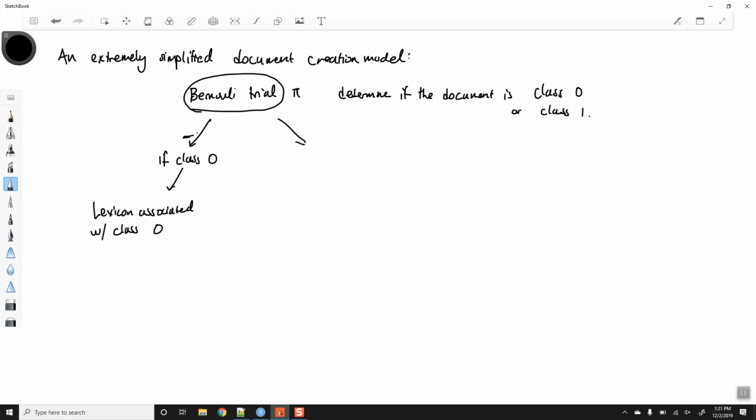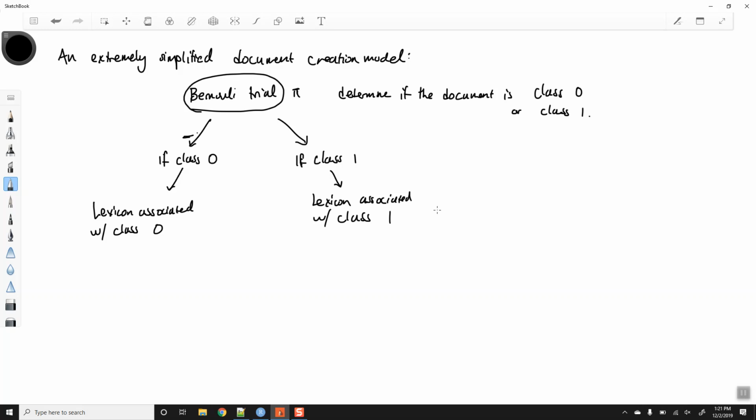And if class 1, we have a different lexicon associated with class 1. If you think of the deciphering exercise, we had these lexicons that said the word "the" should appear with this probability, and the word "house" would appear with this probability, and things like that.